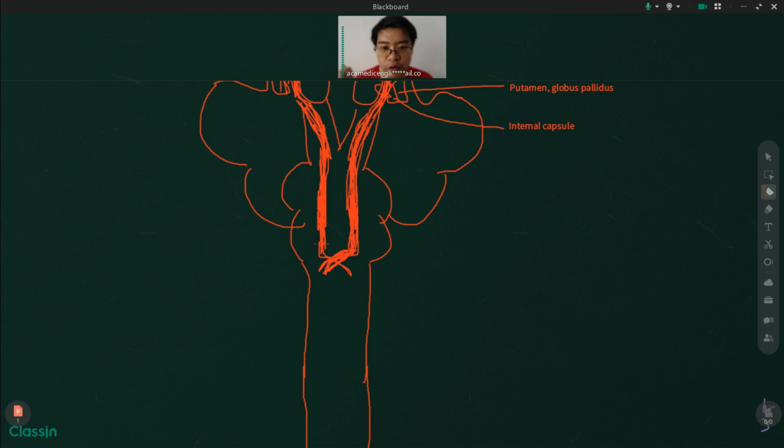Most of the fibers that are going to go down and innervate the movements of the limbs, especially the upper limb muscles and lower limb muscles, are going to cross over. 90% of those fibers cross over here, and we call that point the pyramidal decussation.